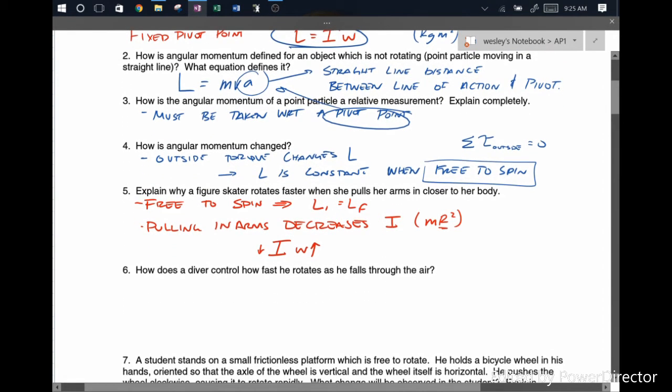Same thing with the diver. In the air, the diver is free to spin, so L is conserved.